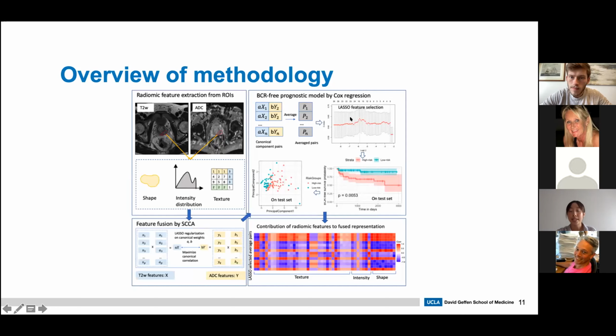And then we used a 5-fold cross-validation to choose the regularization parameter. And then we evaluated the model performance using Kaplan-Meier analysis and some other metrics. And at the end, we also investigated the contribution of the radiomic features to the fused representation.